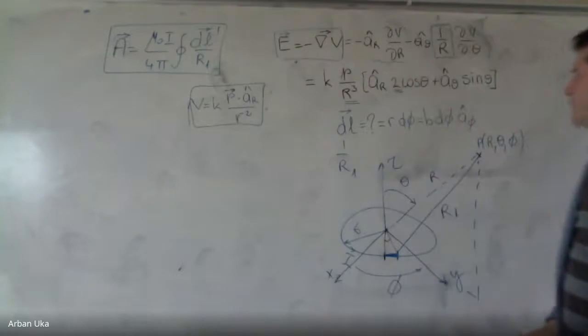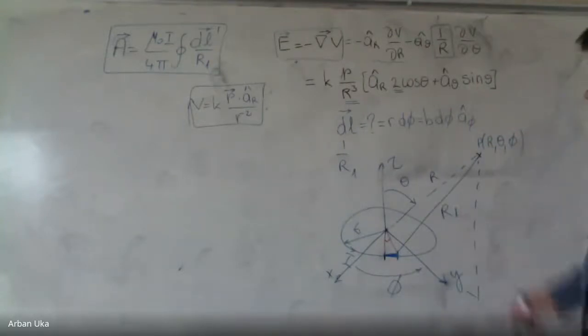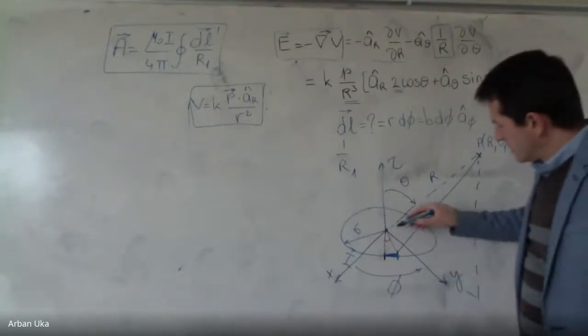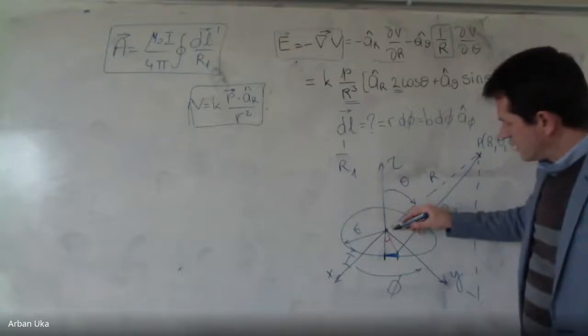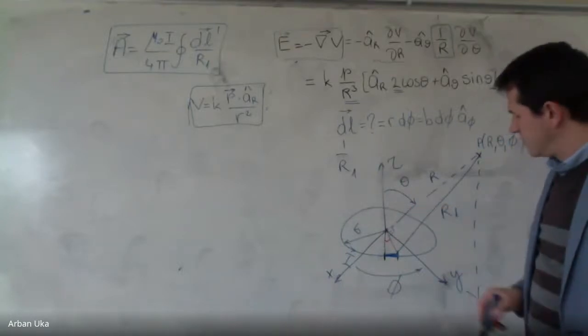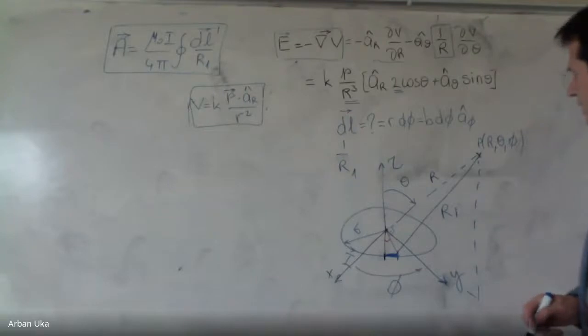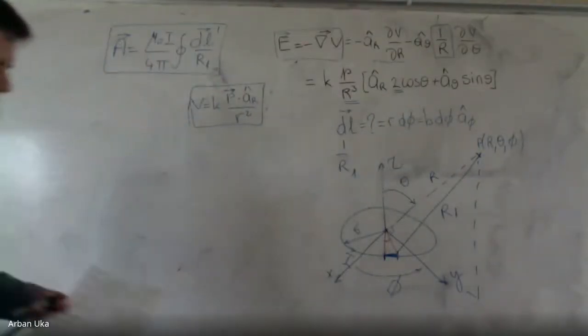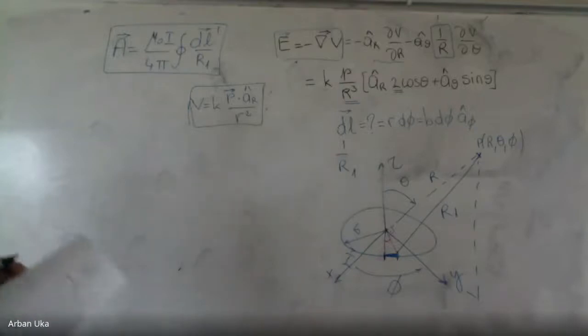And then, this is the first part, and the second part is to find R1. Now, in order to find R1, what we see here is that this is approximately an angle of 90 degrees. And R1 is going to be an expression which we can find using a couple of approximations.